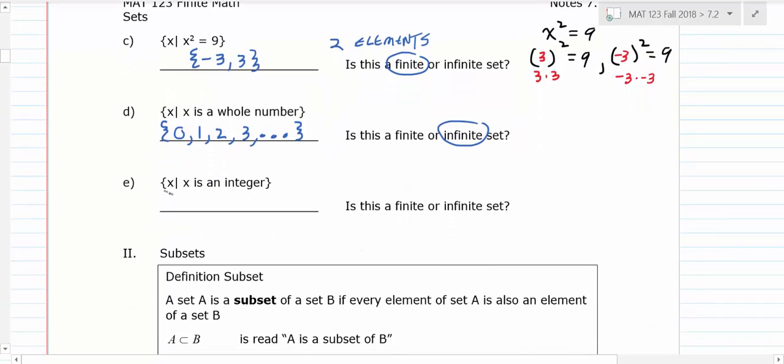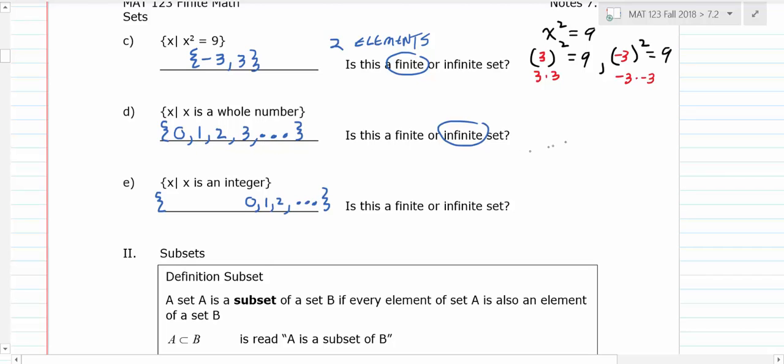Right? An integer. If you don't know what an integer is, of course, you could look it up. And integers basically are like whole numbers, except they include the negative numbers. So the way I like to write the integer set out is like this. I can go 0, 1, 2, 3, and then do the ellipsis. And by the way, usually what you want to do before you do the ellipsis, you want to establish the pattern.